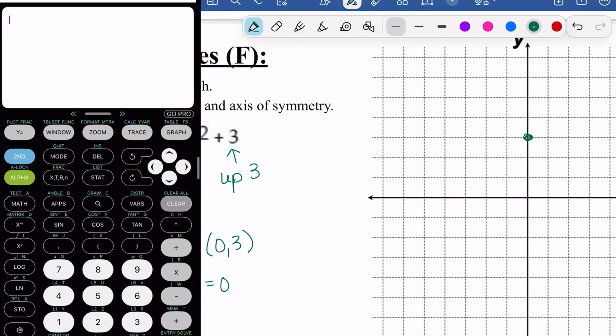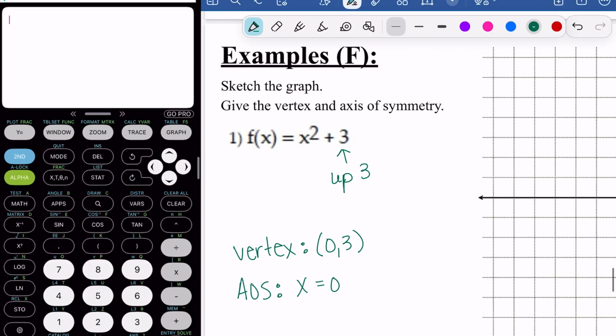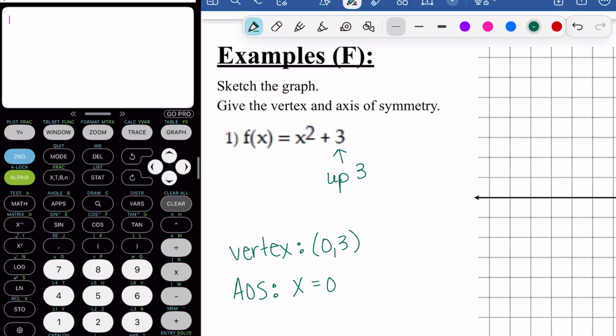So in our calculator, if you press y equals, we can graph this. Press the X button, which is the XTON key. You can see it right beside alpha. And then we're going to square plus 3.